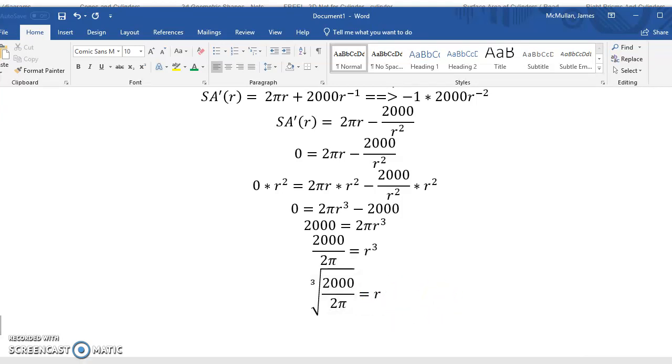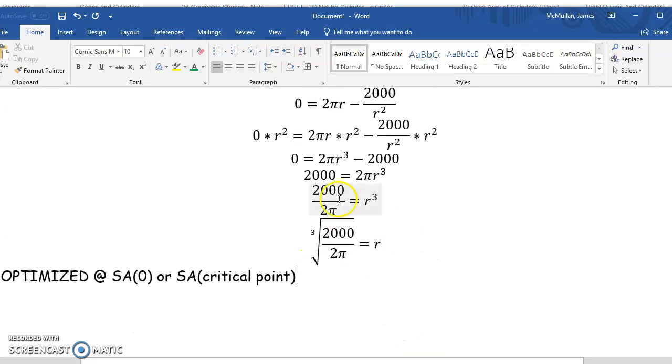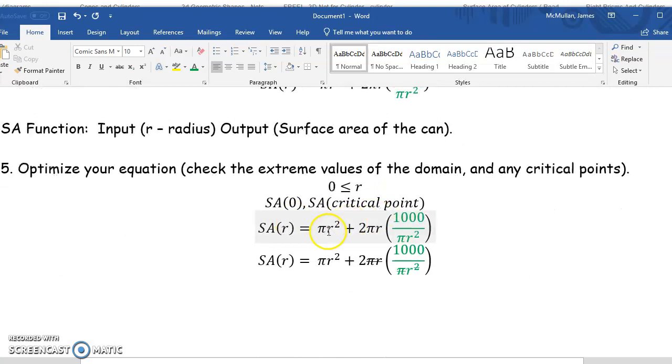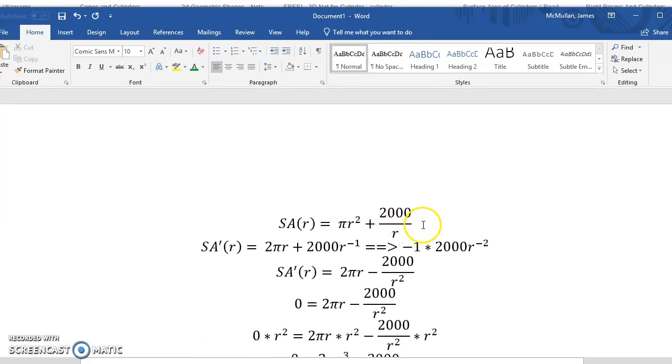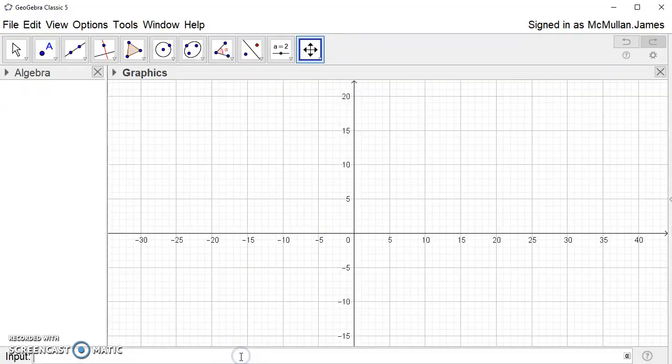So to answer the question, optimize, so it's optimized at SA of 0 or SA of this critical point. And let's just quickly find each, and we can analyze it from there. So the surface area function, to go back, was this, right? Pi r squared plus 2,000 over r. So let's just quickly draw this.